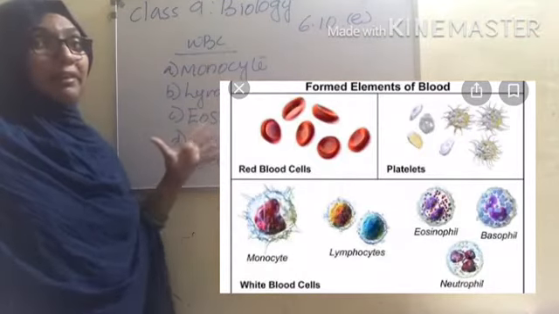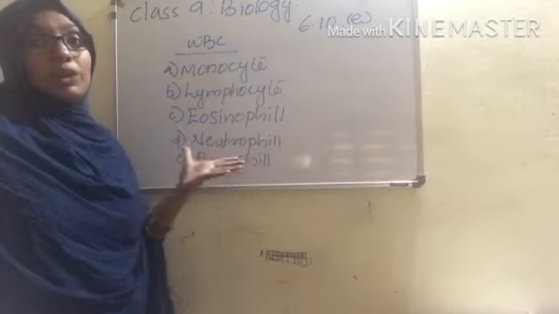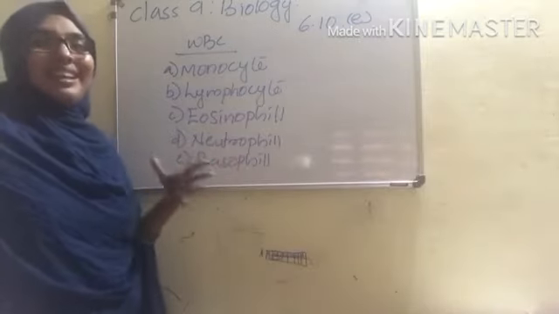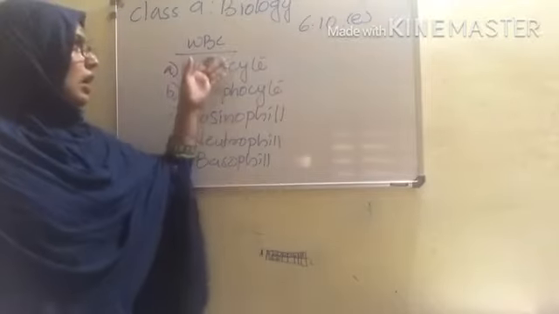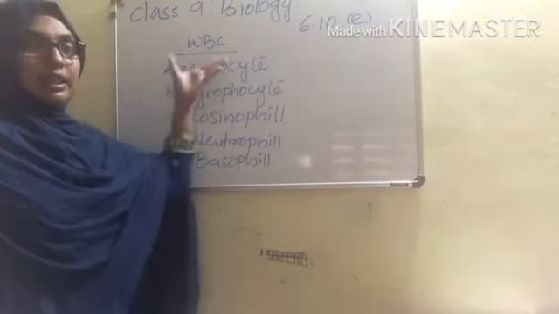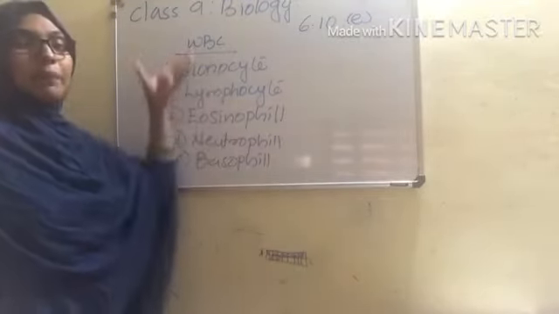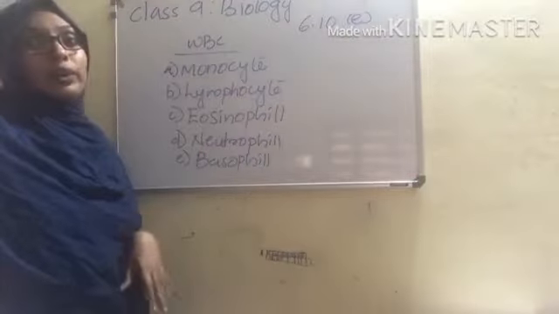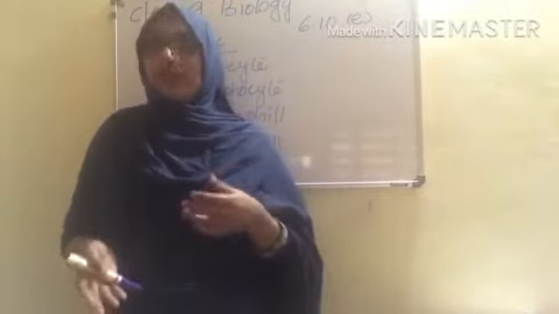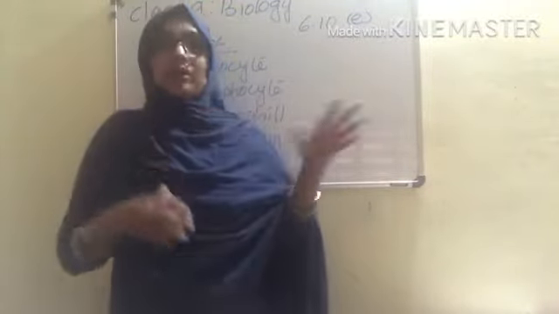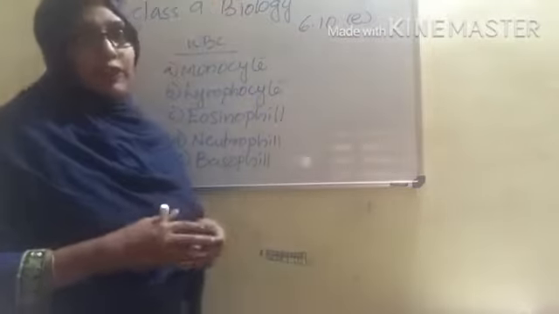Now, what is the main function of WBC? Yes, they are meant for the defensive purpose, right? One way or the other, these all help WBC in the defensive mechanism. In your higher session, you will study in detail how they function, which cells help which defensive mechanism.